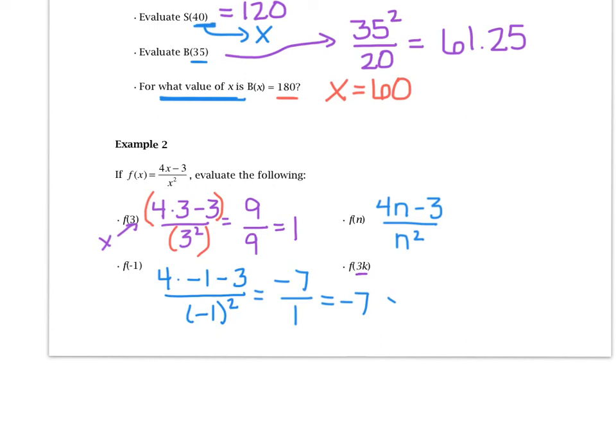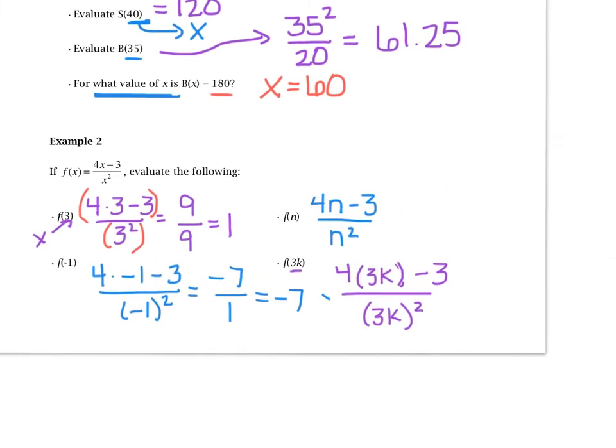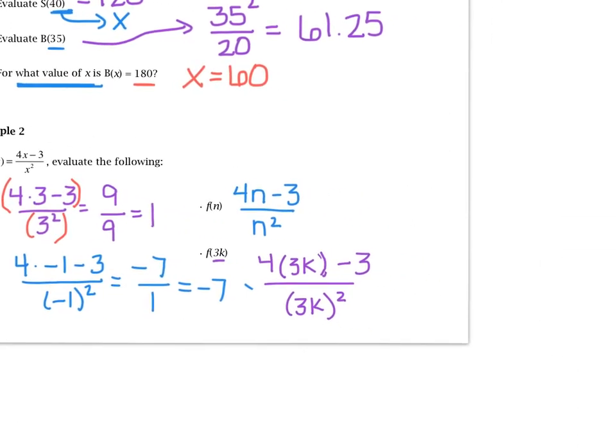So that's going to look like 4 times 3k minus 3 all over 3k squared. I'm just making stuff up left and right today. And then in this one, I still can't solve it.